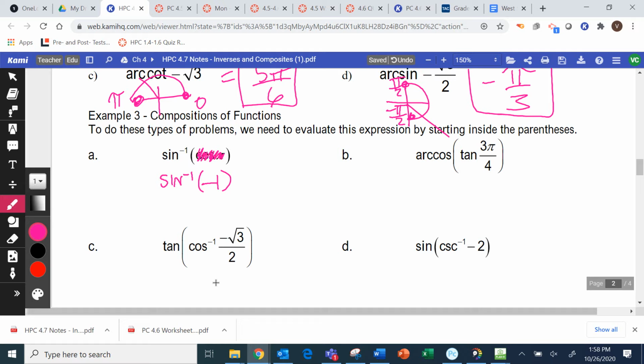My new question is arc sine, or sine inverse -1. So since I'm doing the inverse, I'm going to use my domain restrictions. Negative pi over 2 to pi over 2. -1 means fourth quadrant, except it's not really in the fourth quadrant, is it? What's our answer? Negative pi over 2.